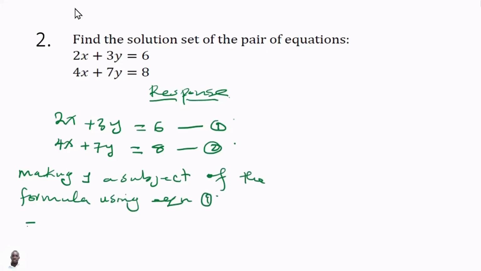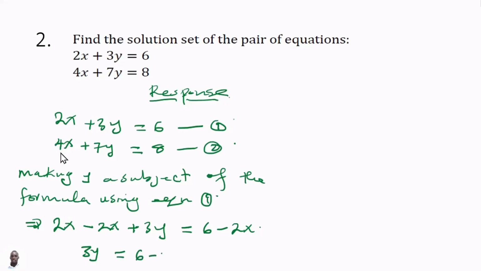So what does it mean? It means that we have 2x minus 2x plus 3y equals 6 minus 2x. In here, the 2x and the 2x cancel out, implying that we remain with 3y on the left hand side being equal to 6 minus 2x.